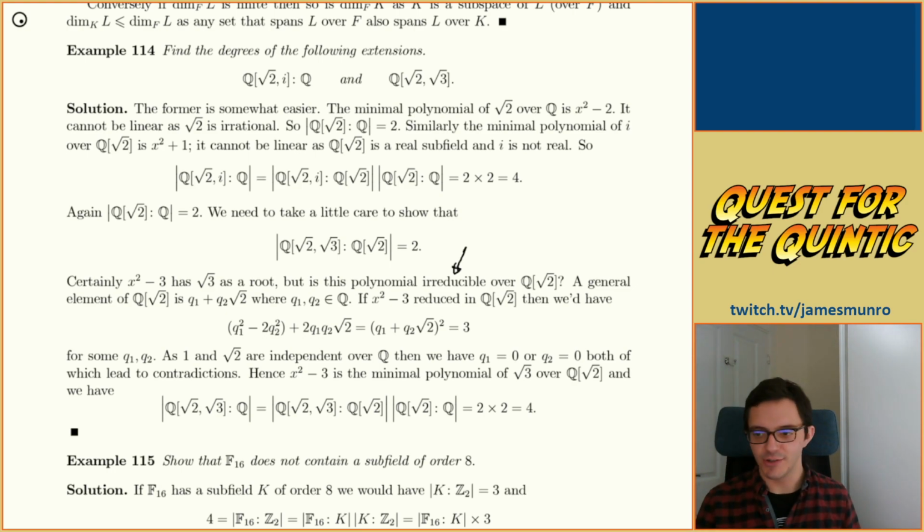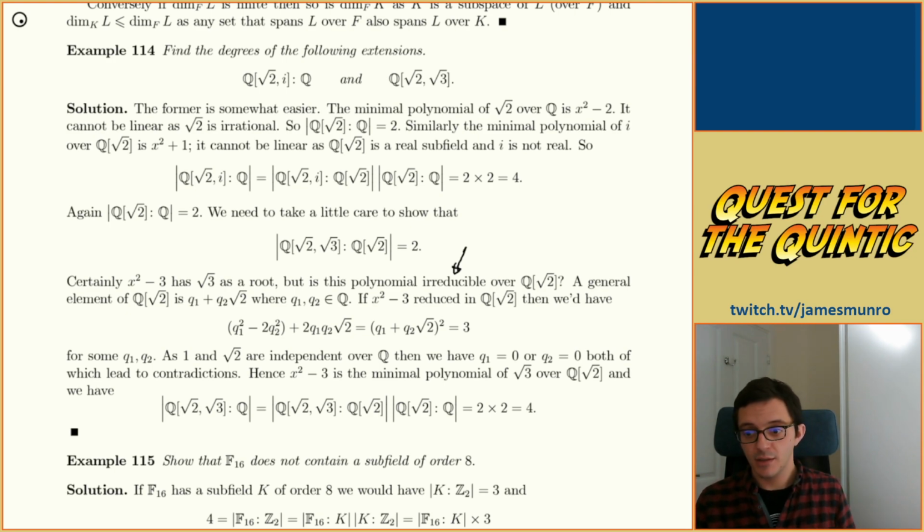Because x squared minus 3 is quite a low degree, for the polynomial to be irreducible, can't write it as two polynomials multiplied together. Those would have to be, by degree, linear polynomials. If we had those linear polynomials, they would have a root.